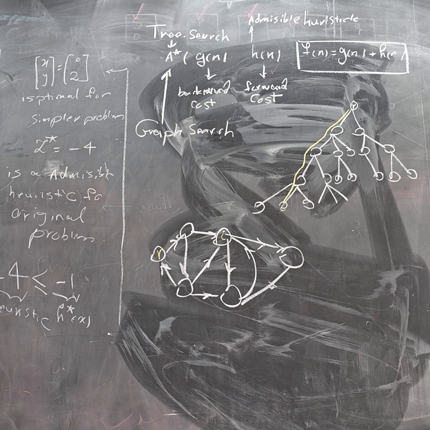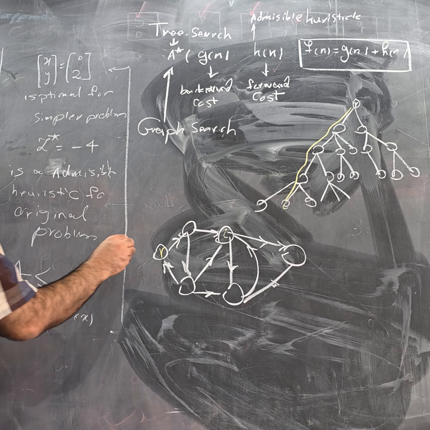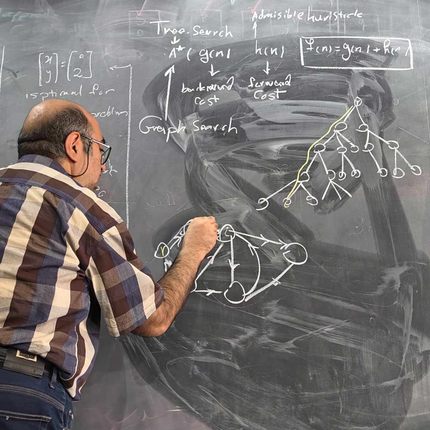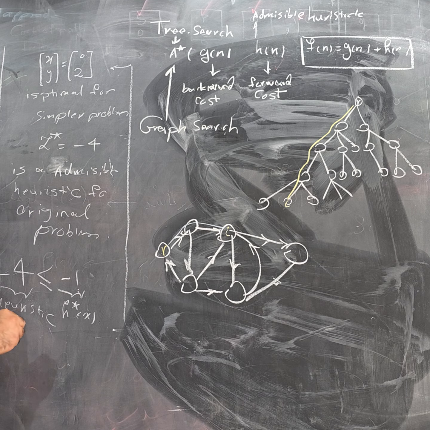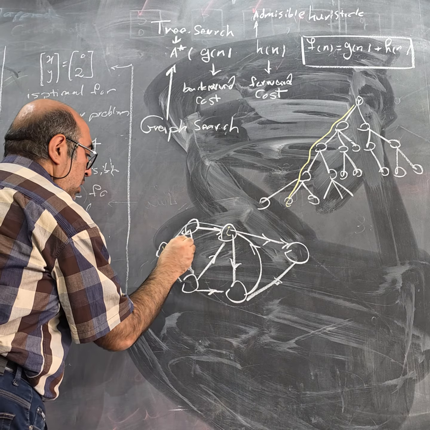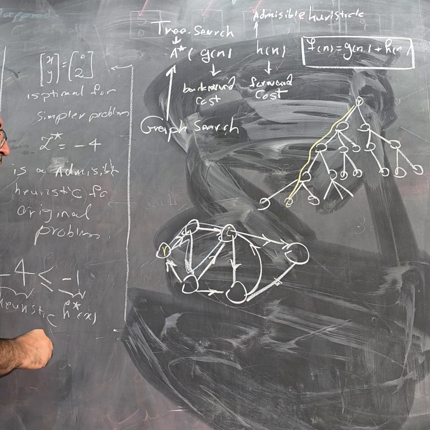Because of the loop, you can define different paths. For example, this is a single path. This is another path.